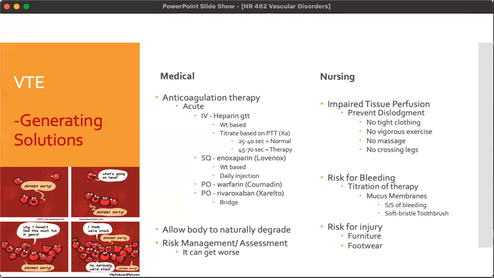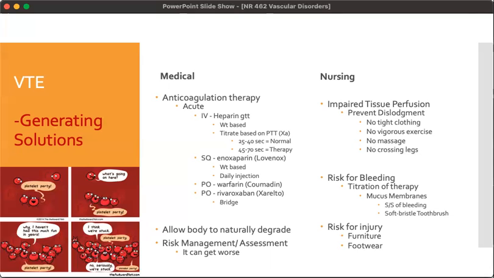No vigorous exercise. It's time to back off the training program right now, because this is not the time to increase your heart rate and blood pressure with vigorous exercise, dislodging the clot. Don't massage the leg. Sounds obvious, but when things hurt, people tend to rub them, and we want to counsel patients not to do that. There's a very high risk of clot dislodgement if we massage that area, so don't do it.